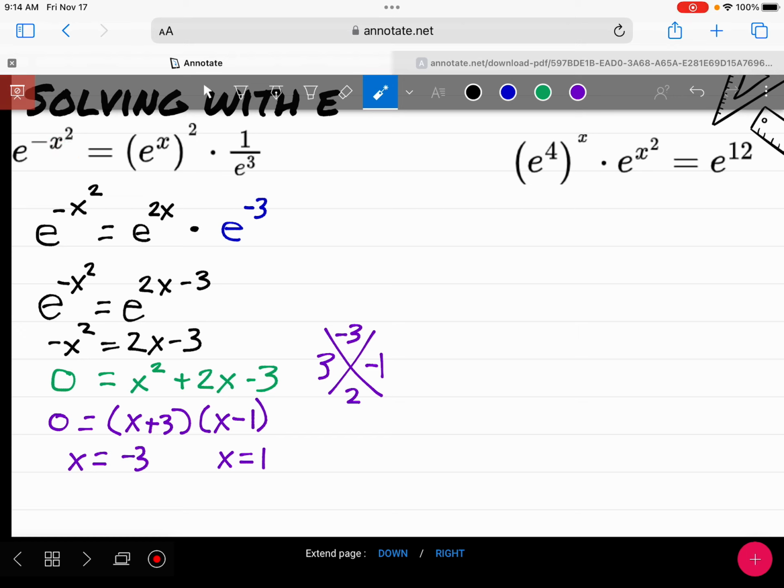Minus 12 on the top, 4 on the bottom. What multiplies to make -12, adds to make +4? 6 and -2. X plus 6, x minus 2. So our solutions are x equals 2 and x equals -6.